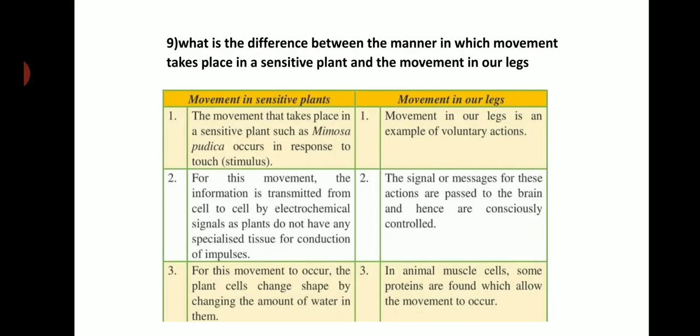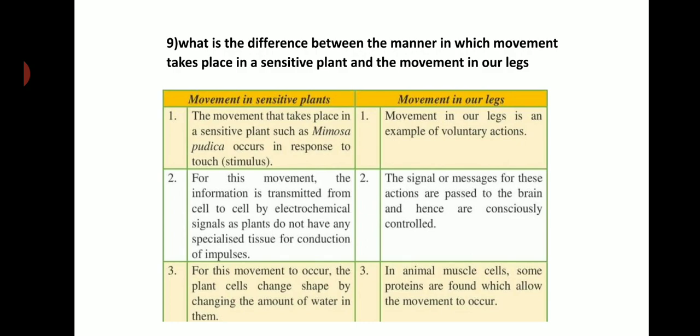Then the second point, for this movement, the information is transmitted from cell to cell by electrochemical signals, as plants don't have any specialized tissue for conduction of impulses, whereas the signals or messages for these actions in animals are passed to the brain and hence they are consciously controlled.